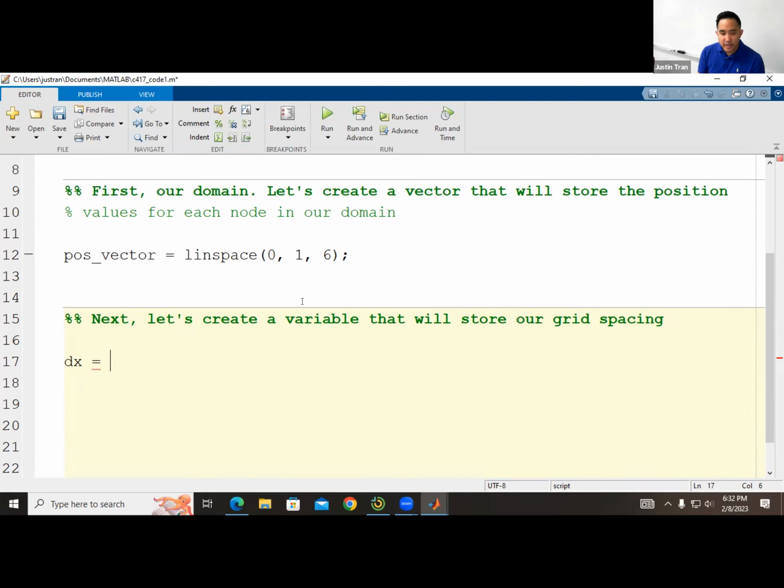And so our grid spacing is a constant value in this case. And so our grid spacing is just 0.2. All right. So now that we have the position vector, we know the positions of each node in our domain. We have a variable that's going to store our grid spacing. Now let's start assembling the equations.